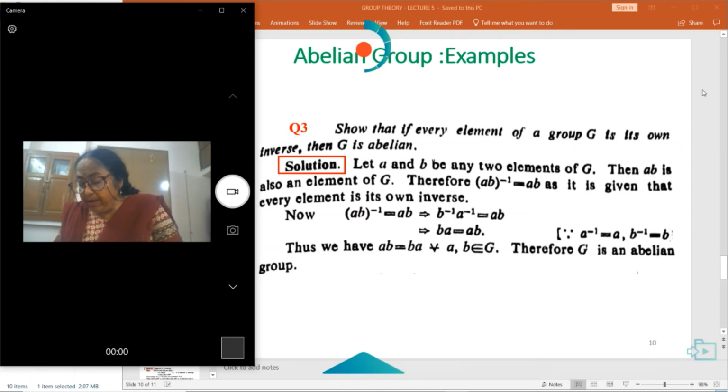So we can write it as B inverse A inverse is equal to AB. Since A, B are elements of G, A inverse is equal to A and B inverse is equal to B. This implies AB is equal to BA. Hence, for every element A, B belonging to G, therefore G is an abelian group.